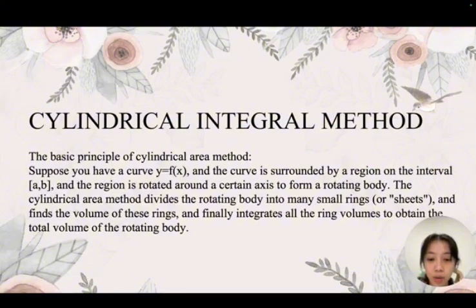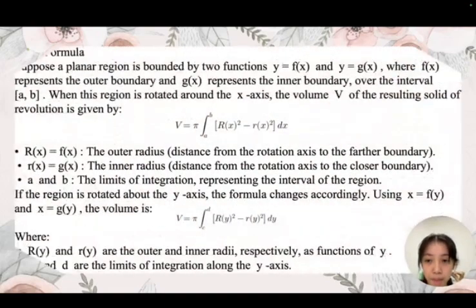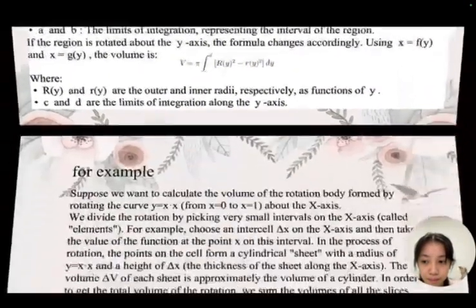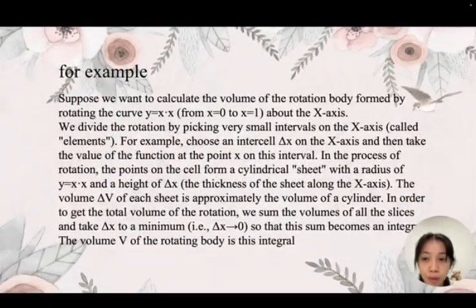Finally, integrate all the shells' volumes to obtain the total volume of the rotating body. This page shows the basic formula. I will use an example to explain that formula.